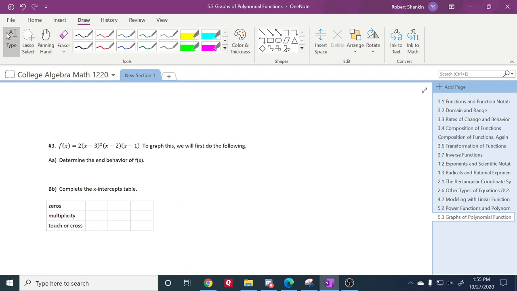So type that into your group chats. For the x-intercepts table, you might have to just kind of summarize the results. This x-intercept, it touches or crosses, and so on.